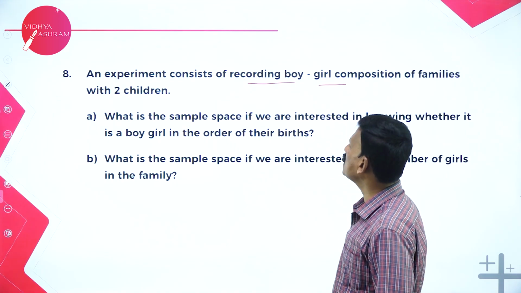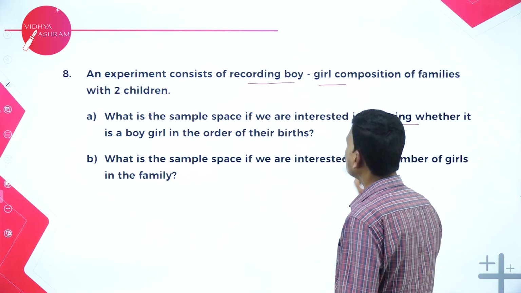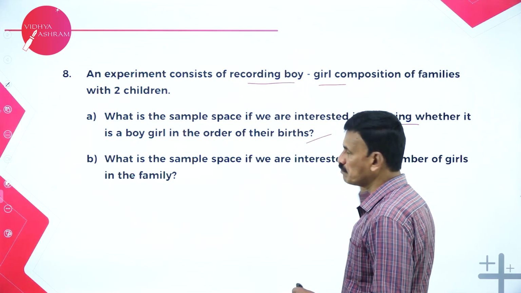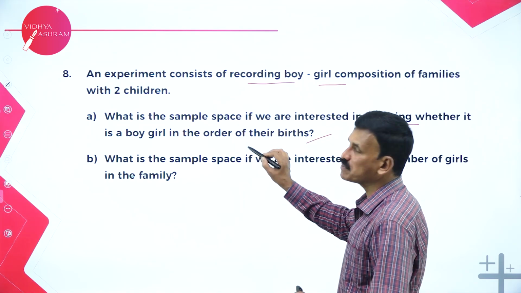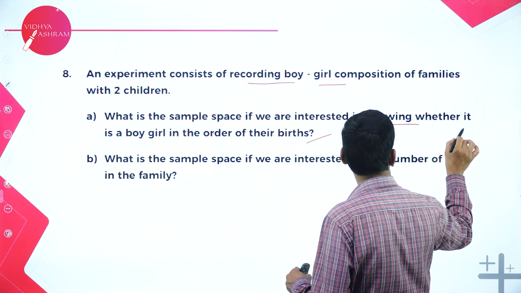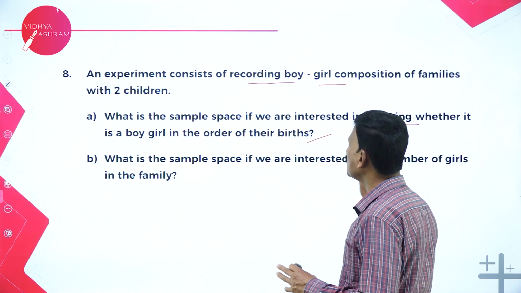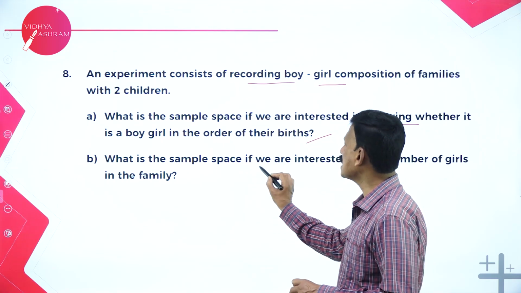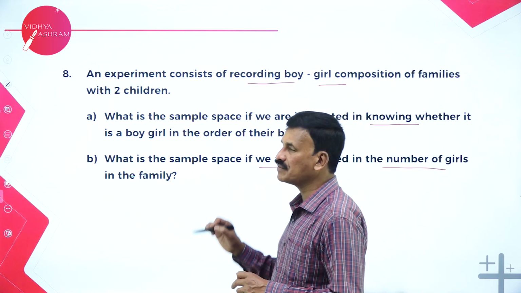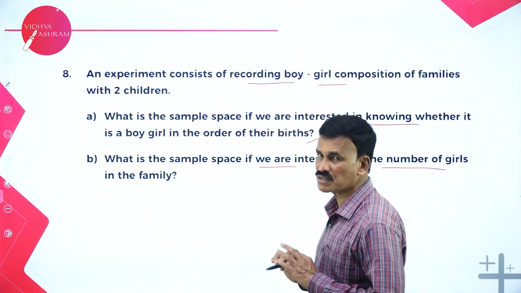What is the sample space if we are interested in knowing whether it's a boy or girl in order of their births? Second one, what is the sample space if you are interested in the number of girls in the family? Very simple problem. Just write down the sample space for the first event.